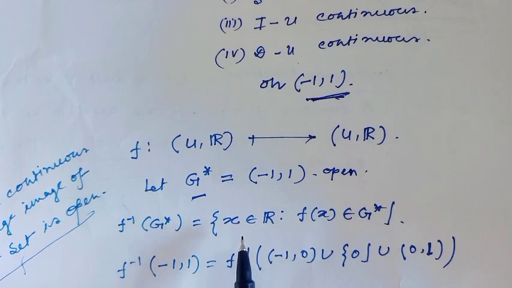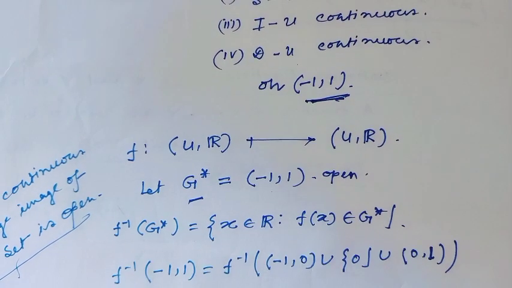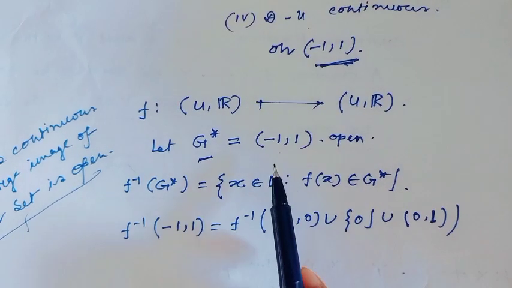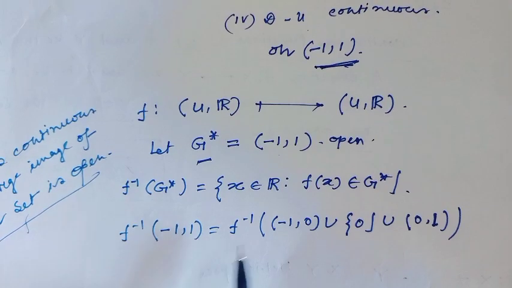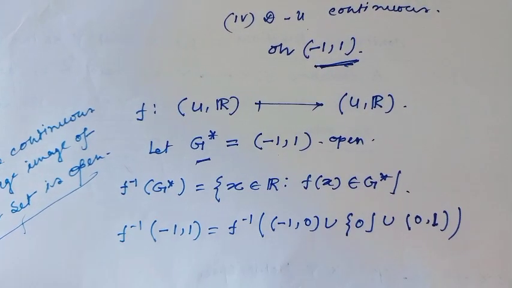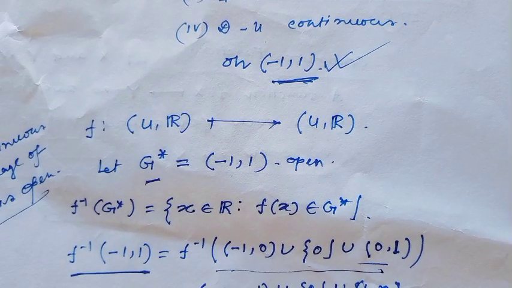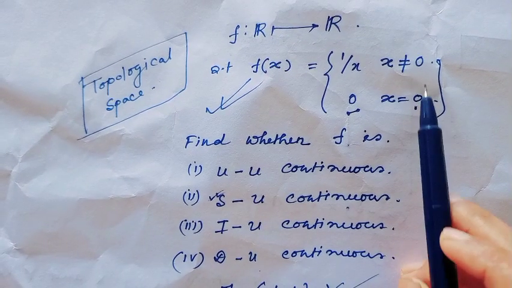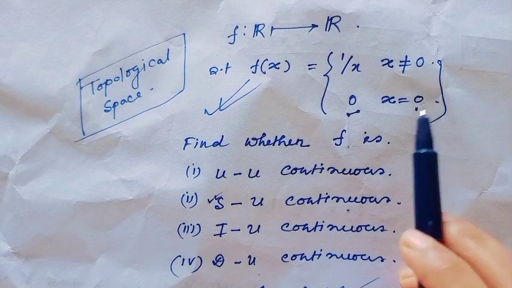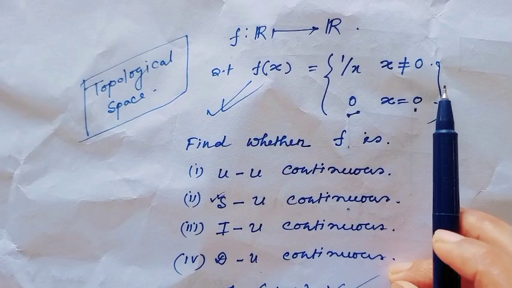Then f inverse of G star equals the set containing the elements x belonging to R such that f(x) belongs to G star, and here G star equals (-1, 1). Then f inverse of (-1, 1) equals f inverse of (-1, 0) union the singleton set {0} union f inverse of (0, 1). Here I have broken it at the point 0 because the function is defined when x equals 0, then the value of the function is 0, and when x not equal to 0 then the value of the function is 1 over x.